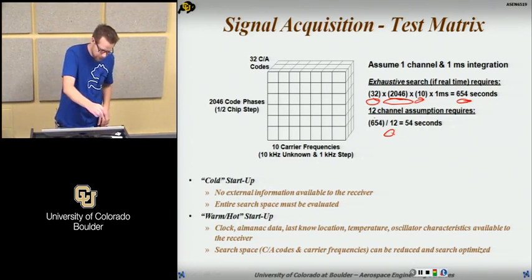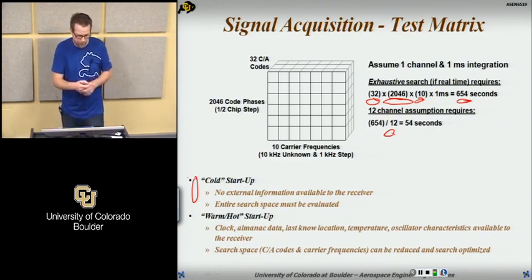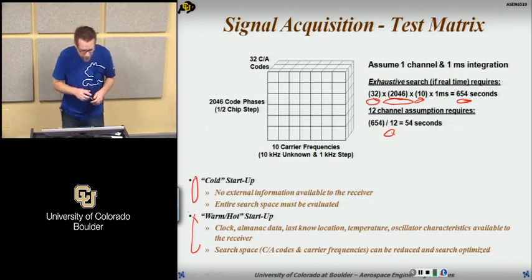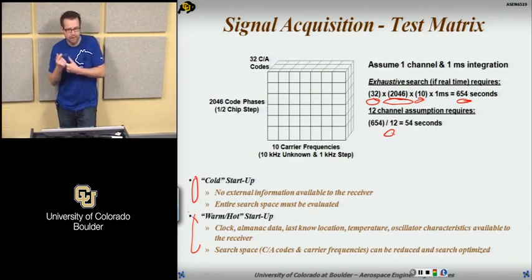And we typically separate between a couple of different modes here. So I mentioned previously that part of the data transmitted from the GPS satellite contains information about where the satellite is, right?